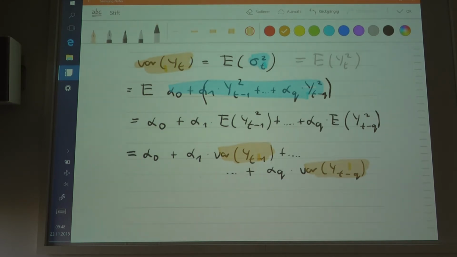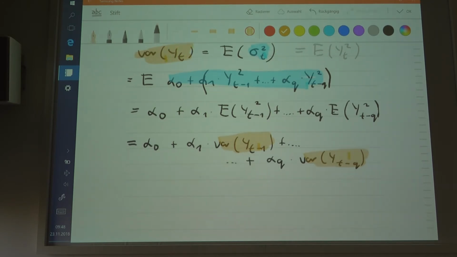If the variance is not time dependent, you can replace that. The variance of y_{t-1} would be just as large as the variance of y_t. You understand? So the variances of y_{t-1}, y_{t-2}, etc., y_{t-q} will be just as large as the variance of y_t. So if the process is stationary, you have alpha 0 plus alpha 1 times the variance of y_t, plus, etc., plus alpha q times the variance of y_t as well.